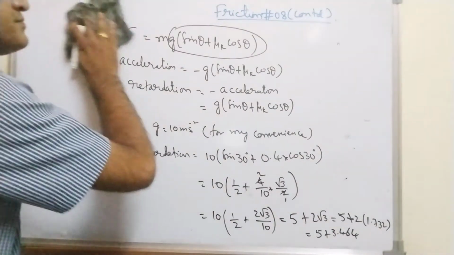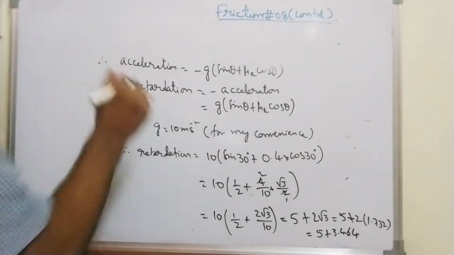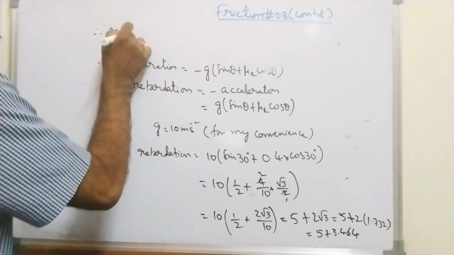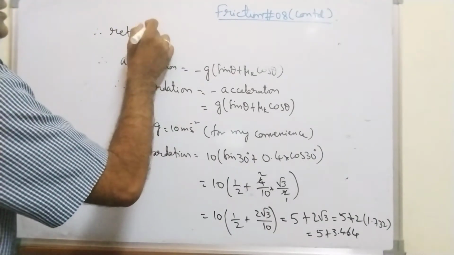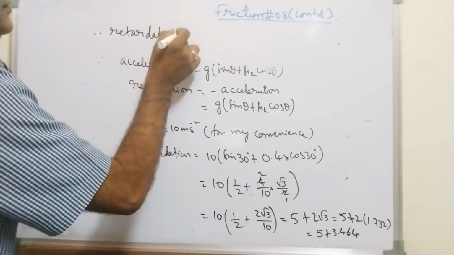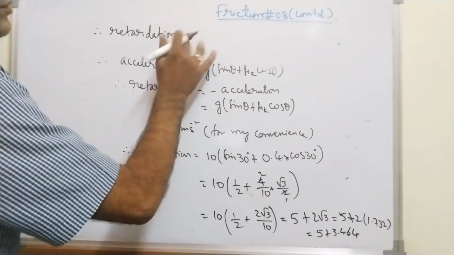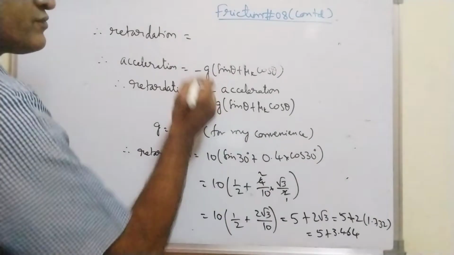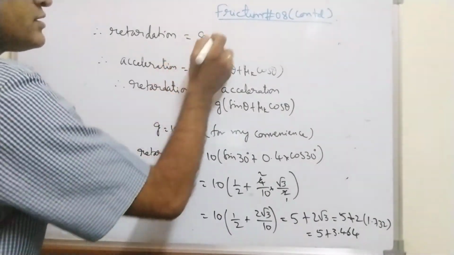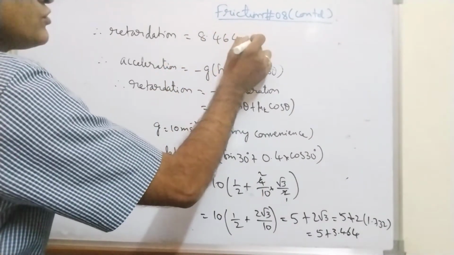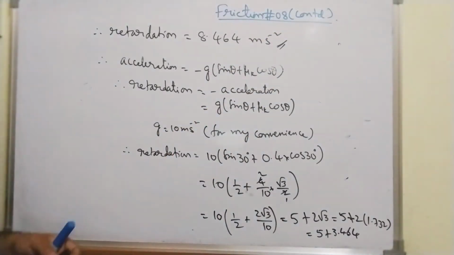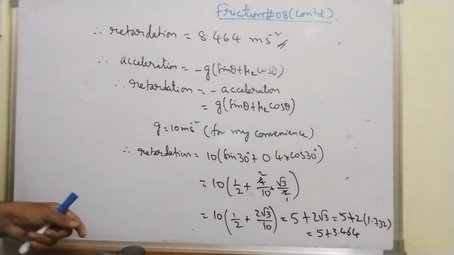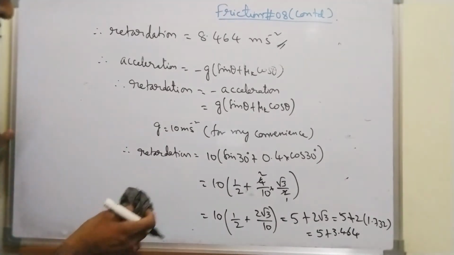So finally, I am getting the value of retardation, is equal to 5 plus 3.464, which is 8.464 meter per second square. This is the value of retardation.